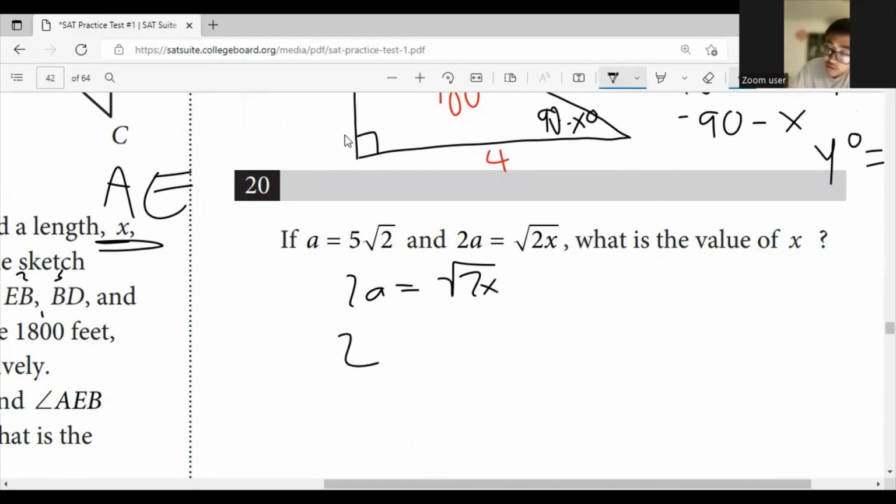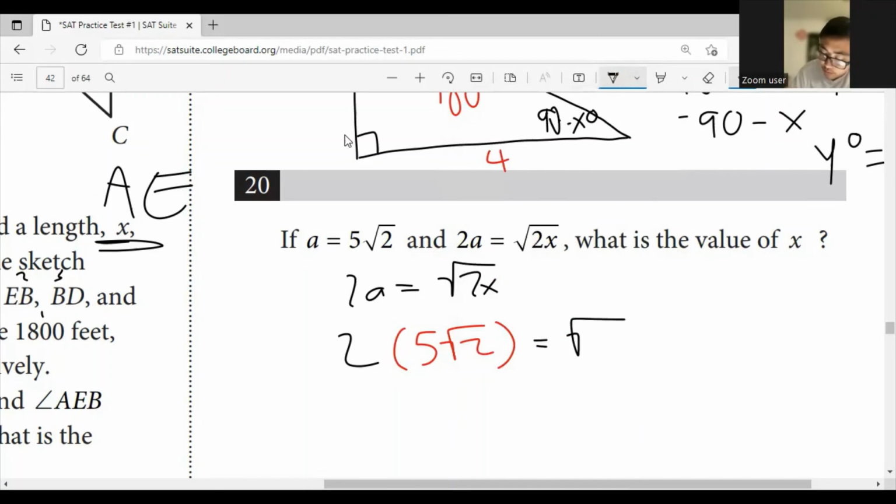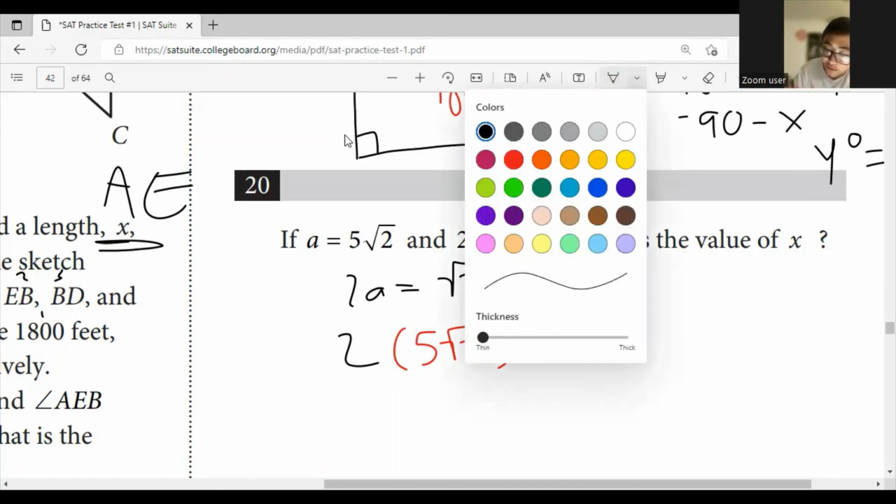So that means I know 2 times a, okay, and this is equal to the square root of 2x. And I know 2 times 5 root 2 is just 10 root 2.